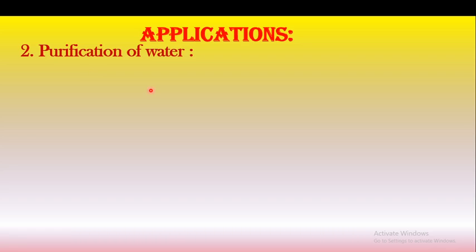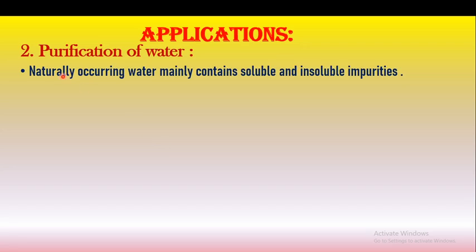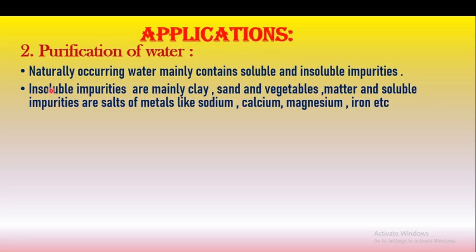In this lecture we will study the second application, that is purification of water. Naturally occurring water mainly contains soluble and insoluble impurities. Insoluble impurities are mainly clay, sand and vegetable matter, and the soluble impurities are salts of metals like sodium, calcium, magnesium, iron.